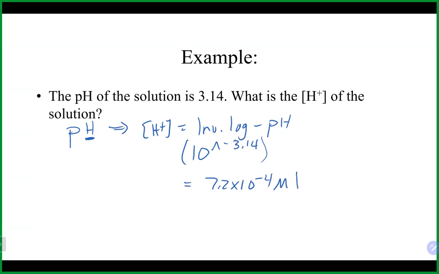And again, we'll put molarity on this. Here again, we had 2 decimal places on our pH value. That should in turn give us 2 significant figures on our concentration. And obviously this would be acidic here as the pH is 3.14. Any questions on that one there?